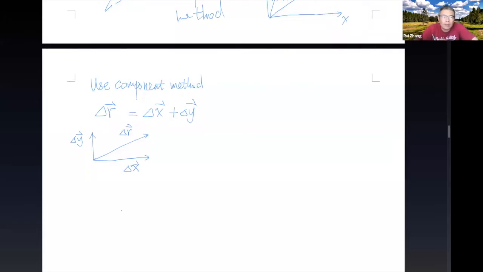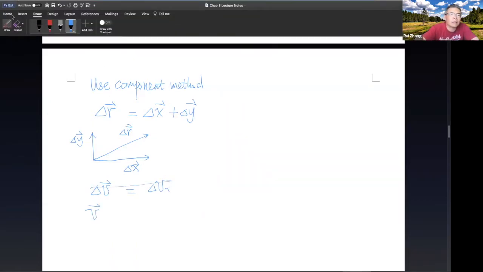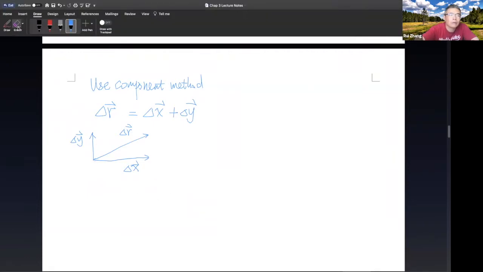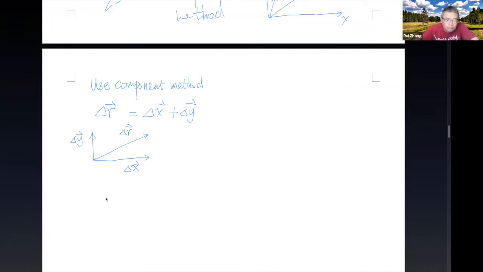Okay, and similarly, when you talk about velocity, you can write this as your two components. So your velocity v, right? You can write this as vx plus vy.